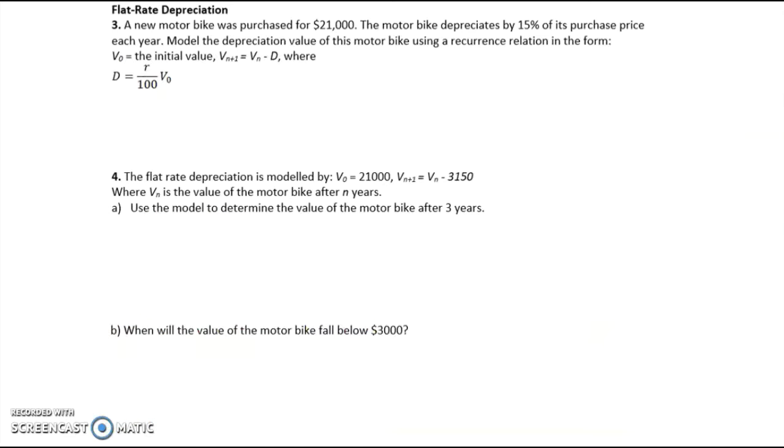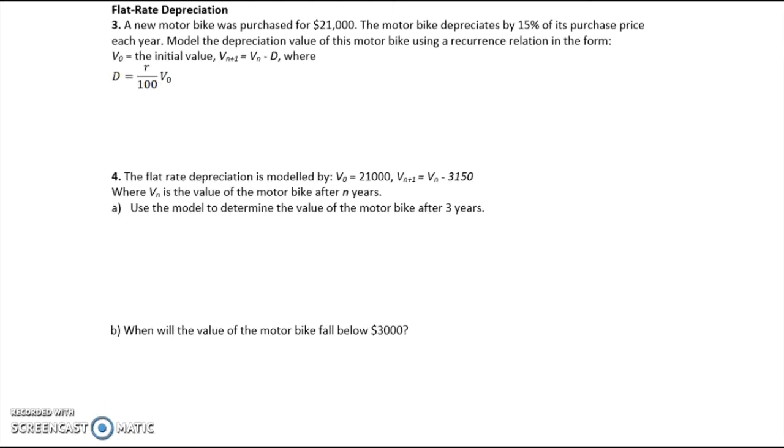Now let's have a look at flat rate depreciation. So the difference between this and what we did previously with simple interest, we are going to be subtracting the common difference value. So in this case, we've got a new motorbike purchased for $21,000. The motorbike depreciates by 15% of its purchase price each year.